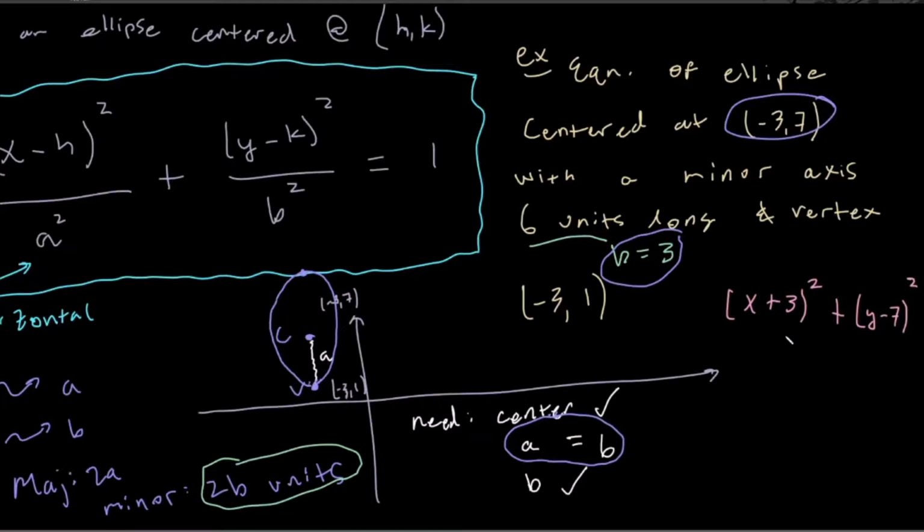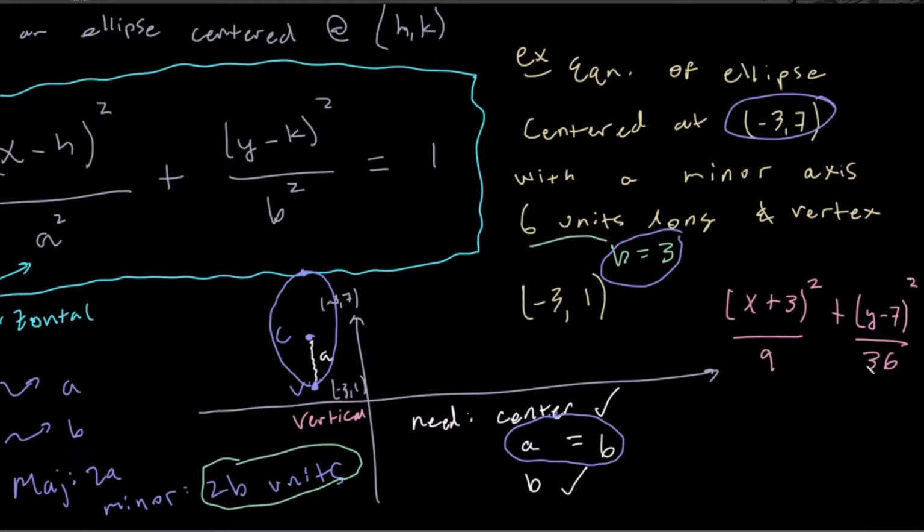So it is vertically oriented because the vertex is below the center. If it were left or right of the center, it would be horizontally oriented. So since the vertices are top and bottom, I know it's vertically oriented. And if it's vertically oriented, that means that A goes with Y. So A goes with Y, that's A squared is 36, and B goes with X, so it's 9.